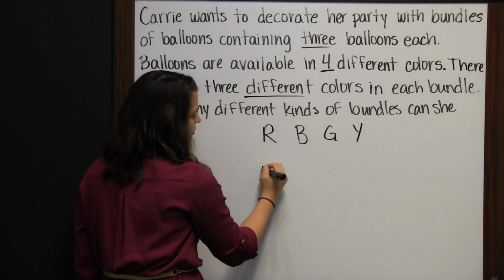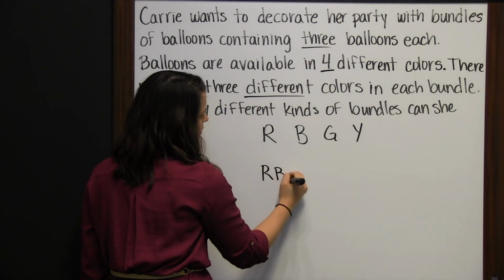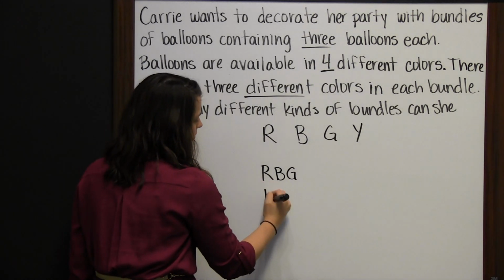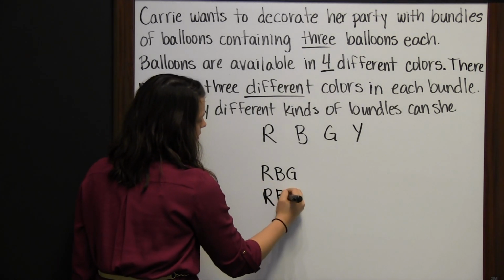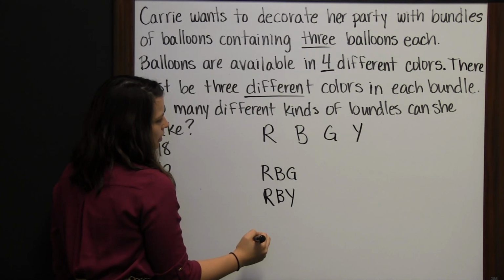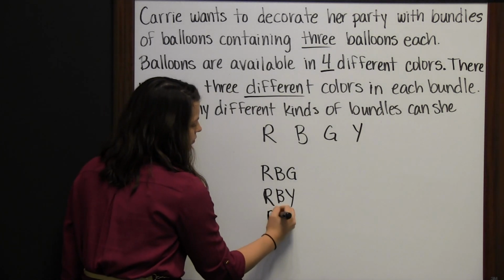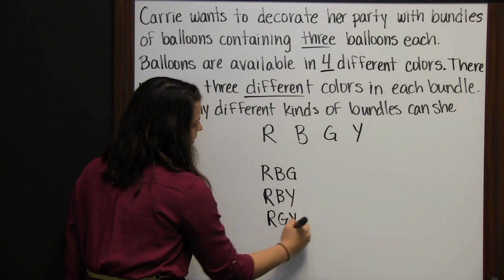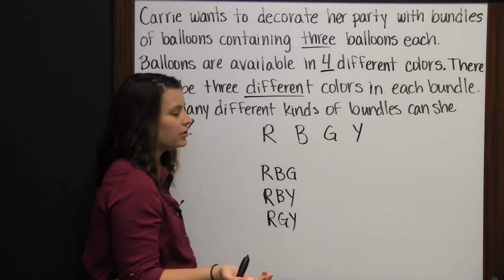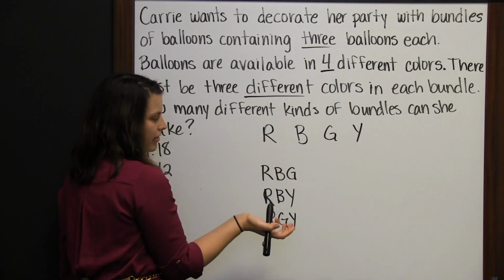So we could make a bundle that is red, blue, and green all together. We could also do a bundle that is red, blue, and yellow. And then we could do a bundle that is red, green, and yellow. And those are all the bundles of balloons that we can do with red in them.